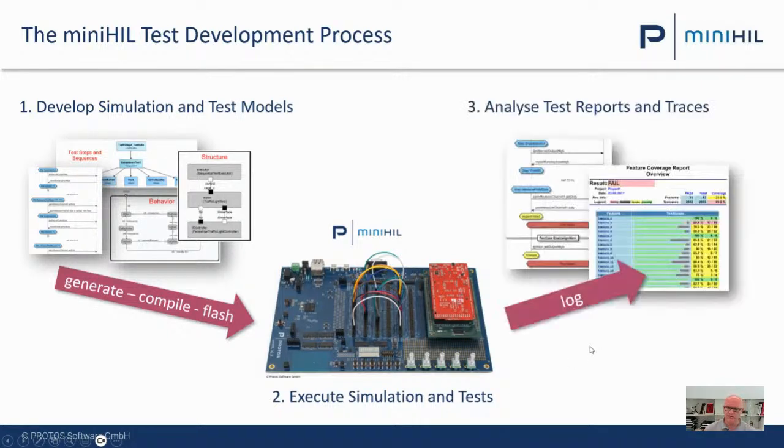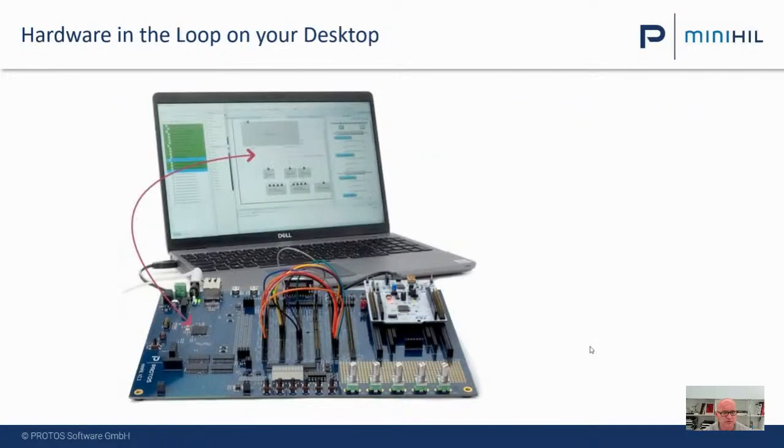So when we run the simulation and the test cases, we get logs. We transform the logs into meaningful diagrams because as human beings, we understand those diagrams much better than a text log, for example. And then we learn and iterate. Now, a typical hardware-in-the-loop system on your desktop looks like that. That's a typical start for one project, for example, or for one developer, or maybe smaller teams, and so on.